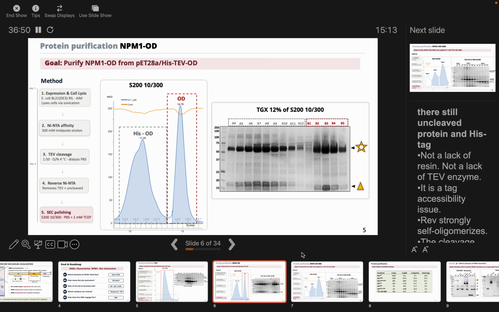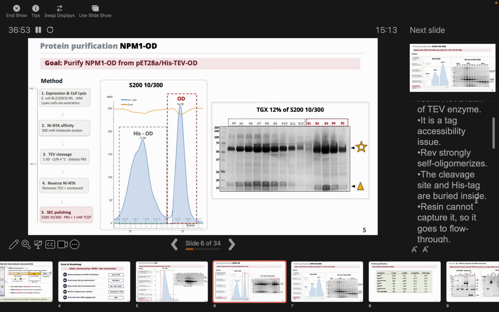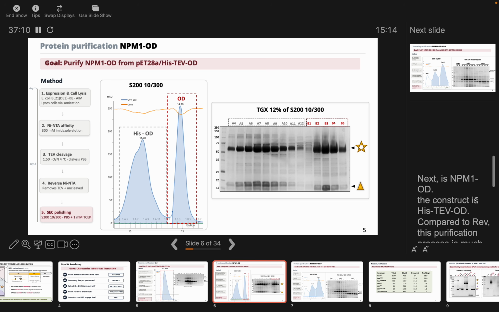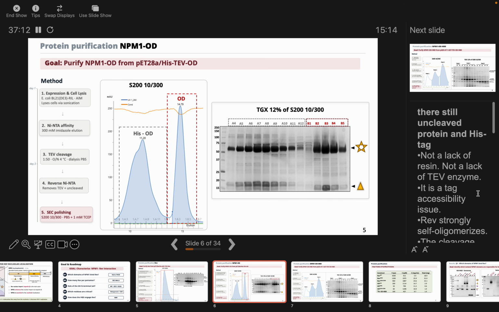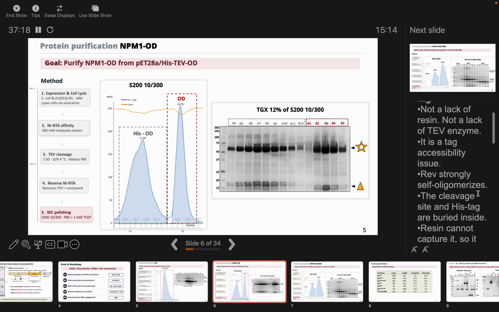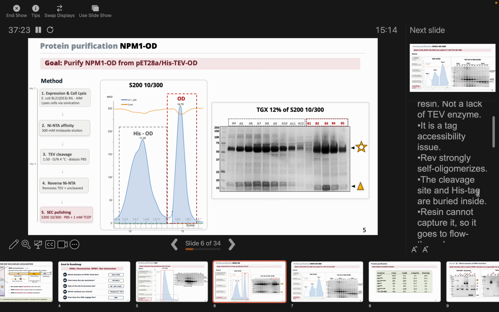When you answer, you can say it's with the hypothesis that we draw, because you cannot be assertive. As we have this reverse Ni-NTA step and we still have the OD form, we suspect it can be from the fact that we saturate the column, but even by increasing the column size, we still have this kind of result.